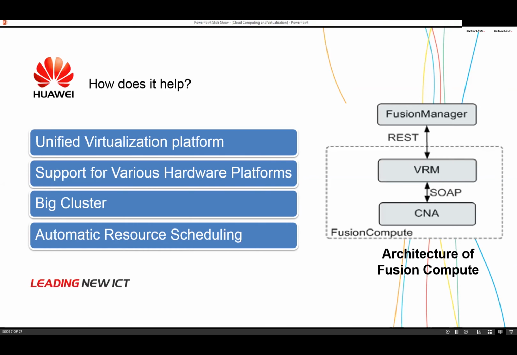We can add or delete virtual NIC cards for every VM, whether it is in a running or stop state. We can attach virtual disks to every virtual machine, whether it's in a running or stop state. So each and every one of these functions can be performed live on every virtual machine. Also, Fusion Compute, this is also a great function.